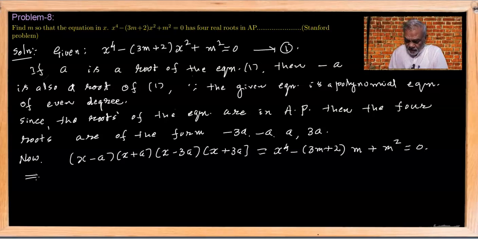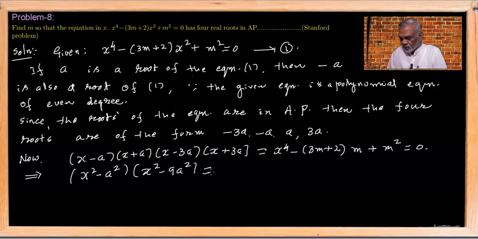I mean, this implies (x square minus a square) into (x square minus 9a square) is equal to x raised to 4 minus (3m plus 2) into x square plus m square is equal to 0.